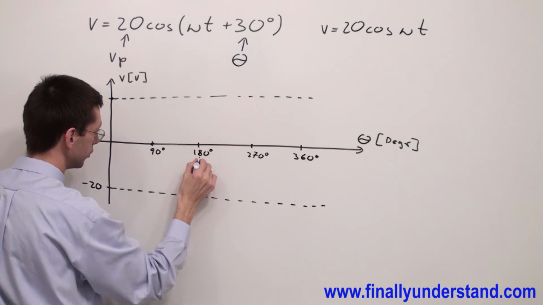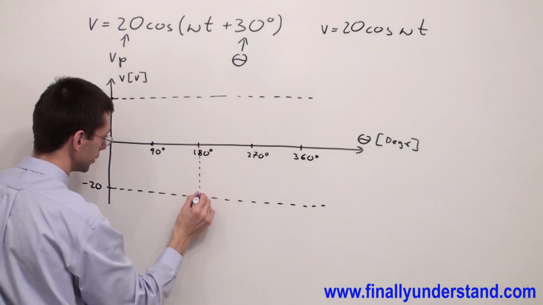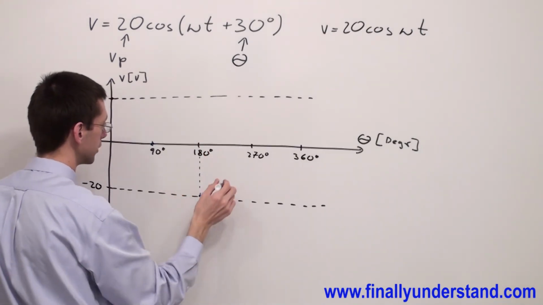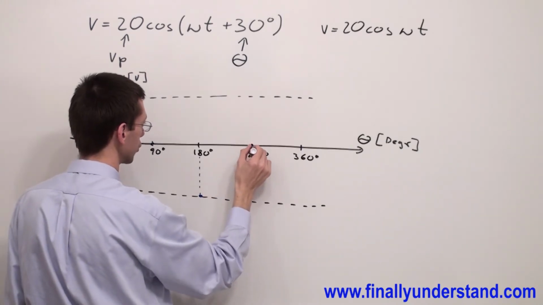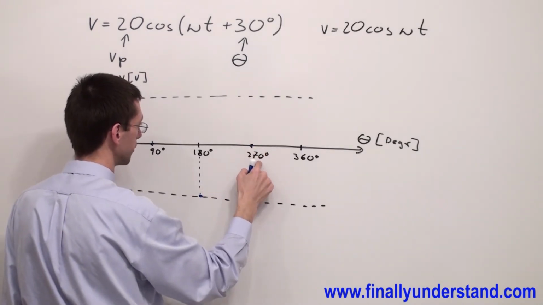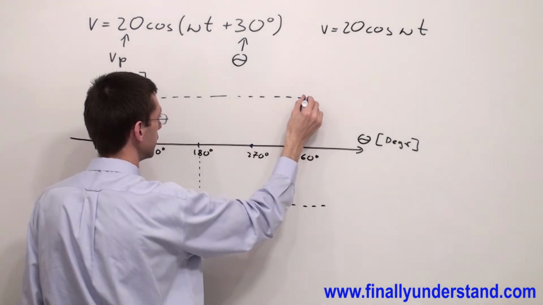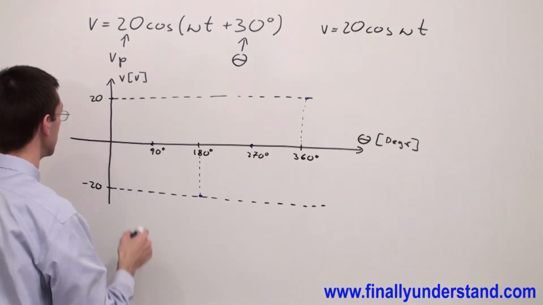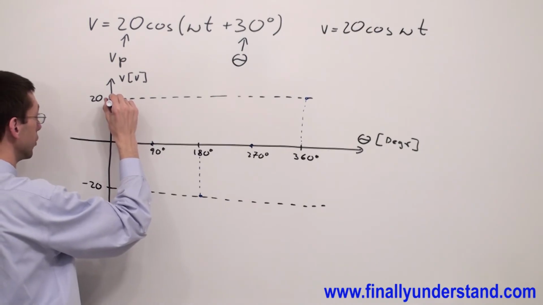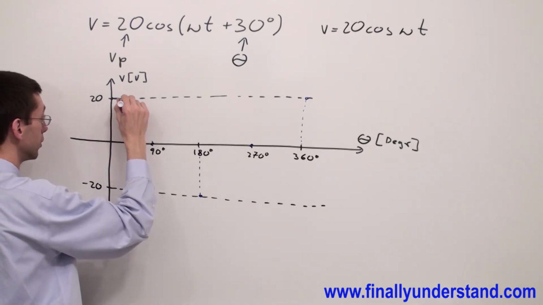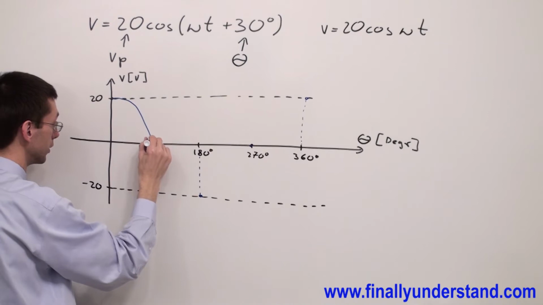Negative peak value is going to be at 180 degrees, and positive going, zero crossing, at 270, and positive peak again at 360 degrees. That's why my reference waveform is going to look like this.